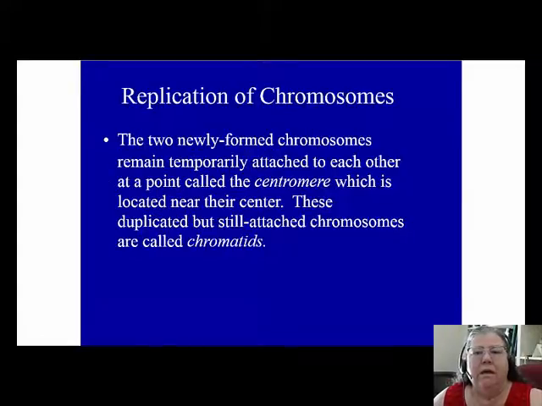All right. So those two chromosomes, now that we have the duplicate chromosomes, remain attached to each other in the center at a point called the centromere. The duplicated but still attached chromosomes are called chromatids.